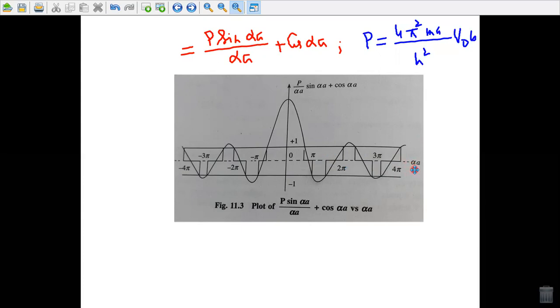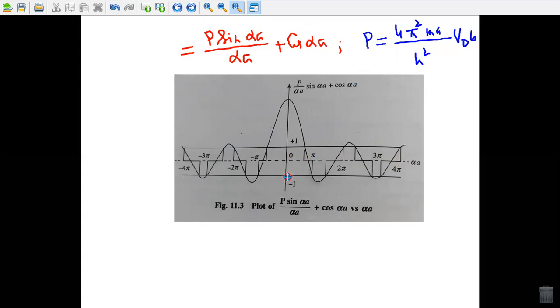The cosine term on the left side of the equation can only have values from minus 1 to plus 1, which is indicated by the horizontal lines in the figure, plus 1 and minus 1.